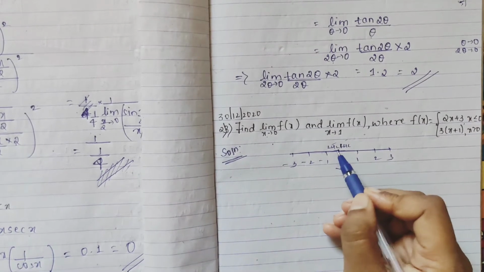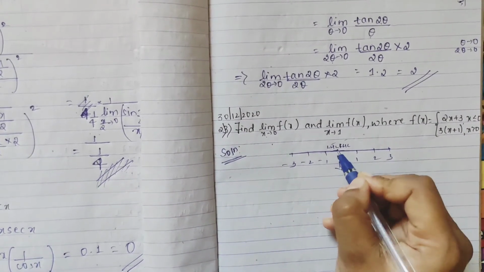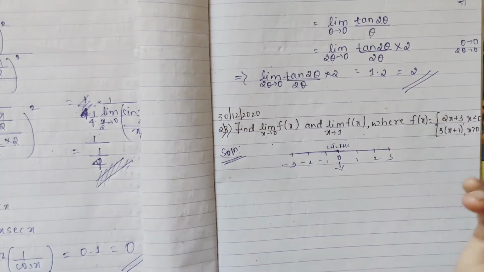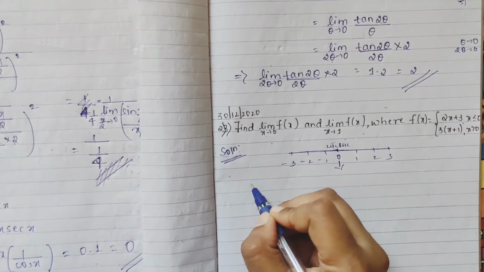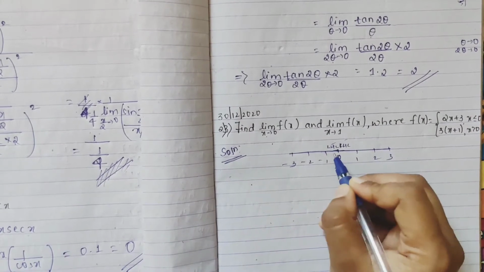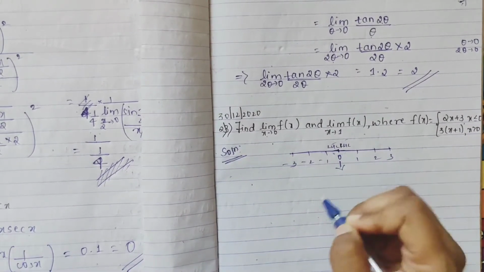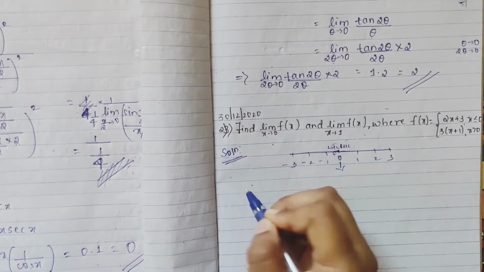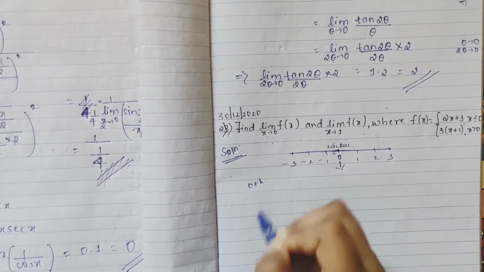And LHL means what? A very near value to 0, on the negative side, which is less than 0. Very near value but less than 0, and RHL means greater than 0. But the point you take should be 0 plus h, we add h, right?